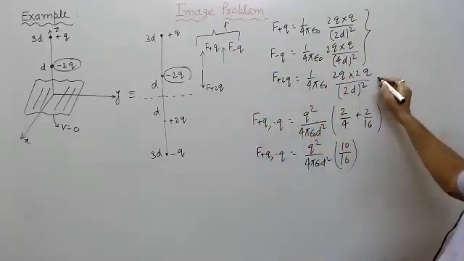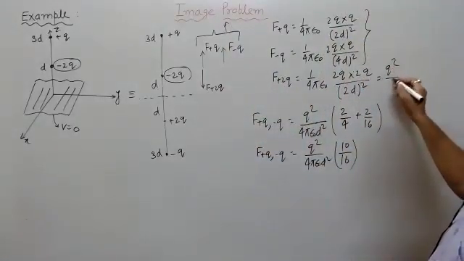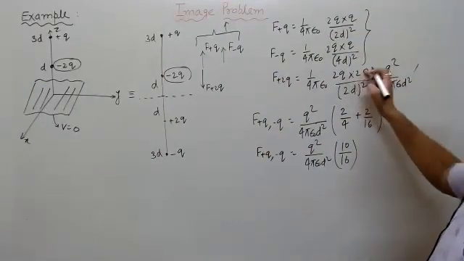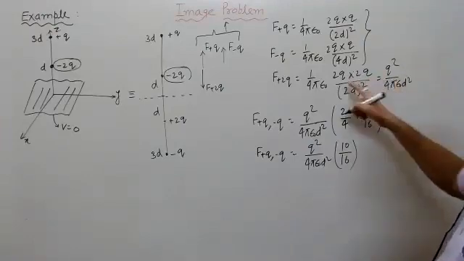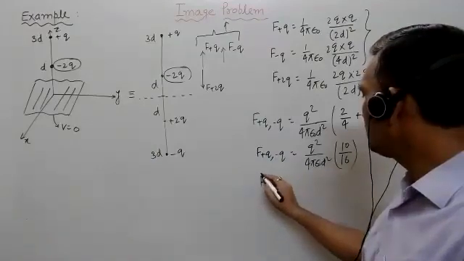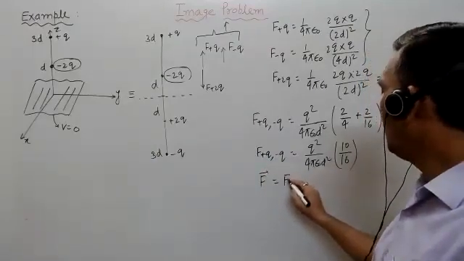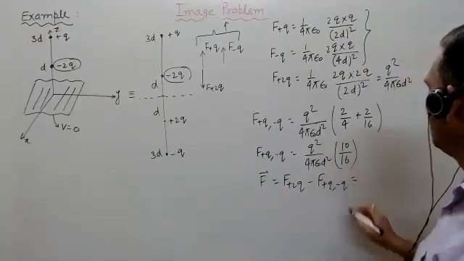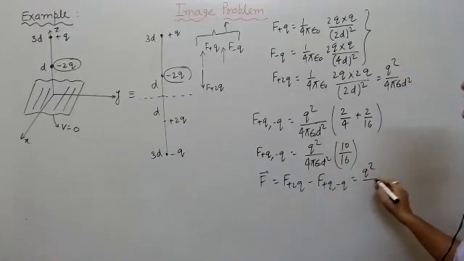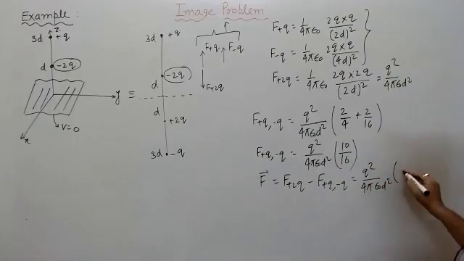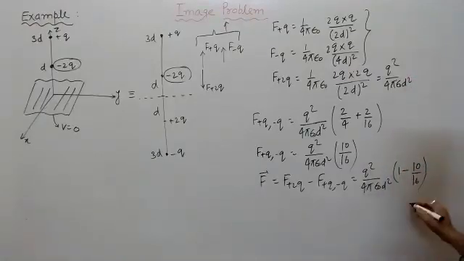F plus 2q is q square by 4 pi epsilon 0 d square. This is 4 into 4, this will be 1. So what will be the resultant force? F plus 2q minus F plus q minus q. So q square by 4 pi epsilon 0 d square times 1 minus 10 by 16.